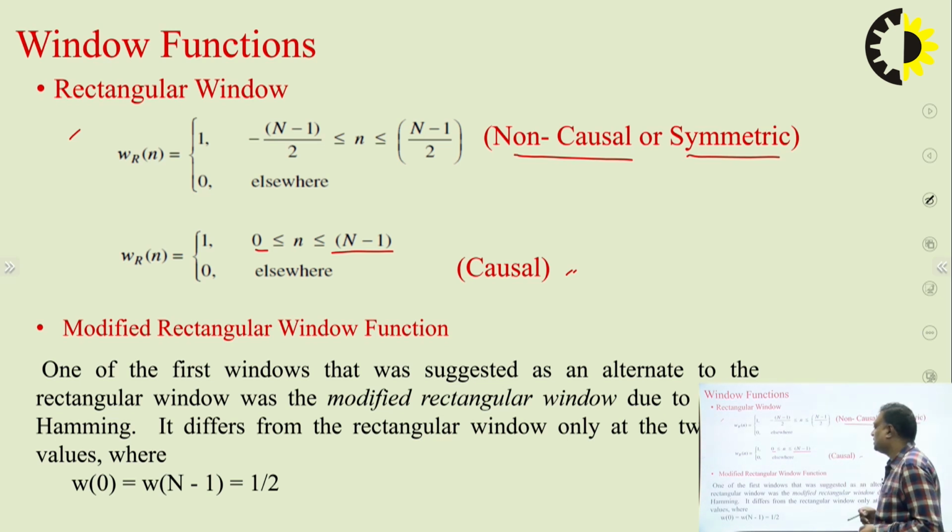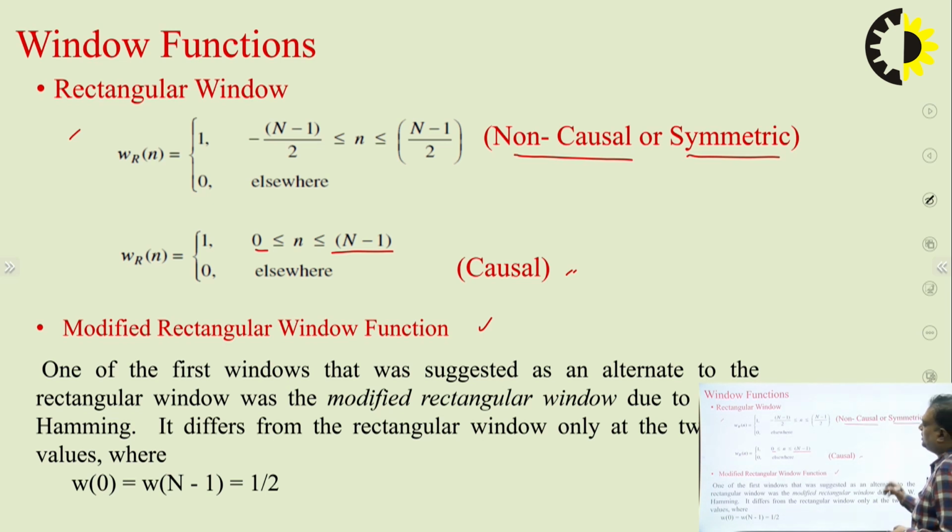Because a rectangular window truncates the infinite duration impulse response abruptly, the number of side lobes is more here. So the solution is to choose window functions where the truncation is not abrupt but gradual. The first is the modified rectangular window function.